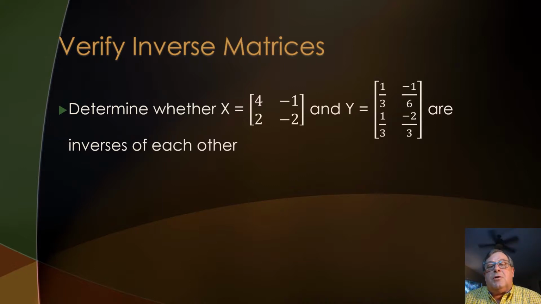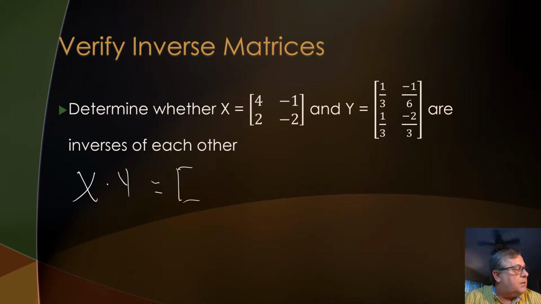Now, what determines whether we have inverse matrices? Here we've got two matrices, x and y. If we multiply x times y, and it equals the identity matrix, and what is an identity matrix? Well, I'm glad you asked. It takes this form here, 1, 0, 0, 1.